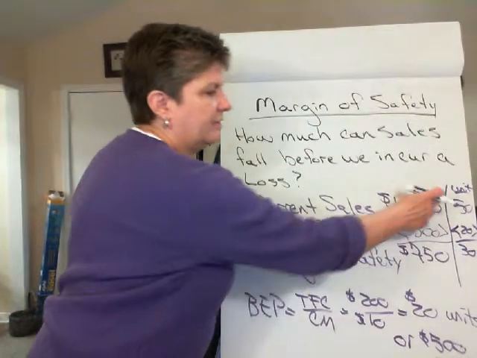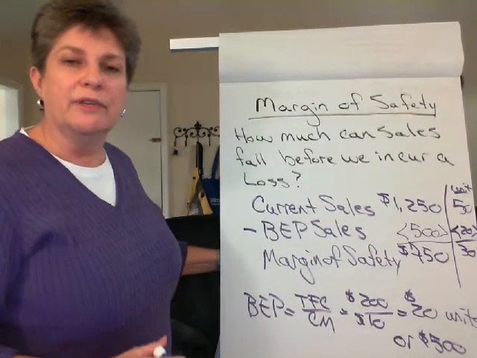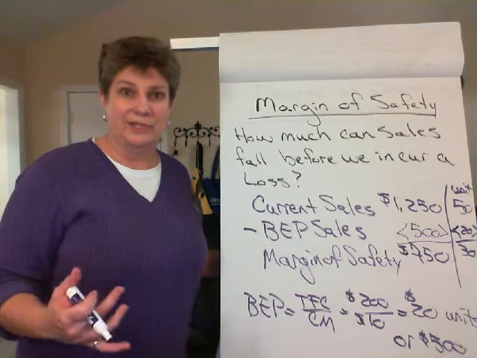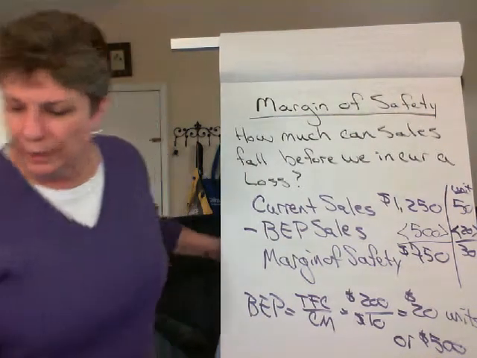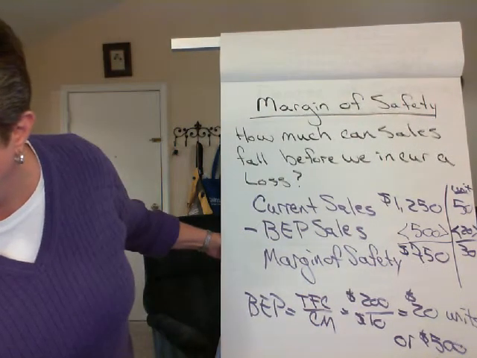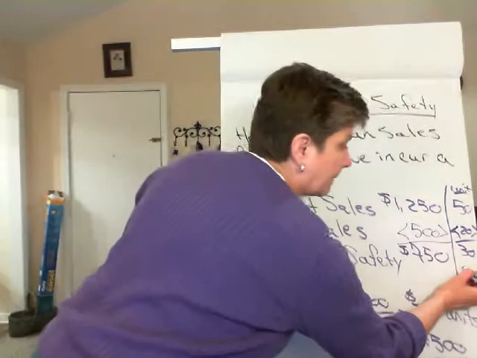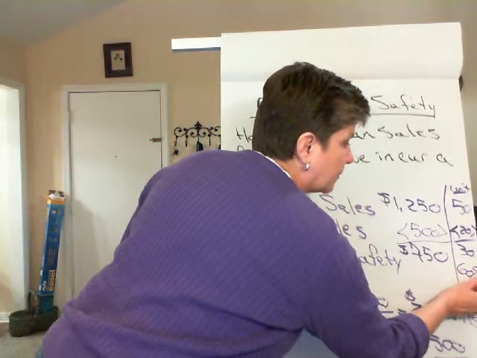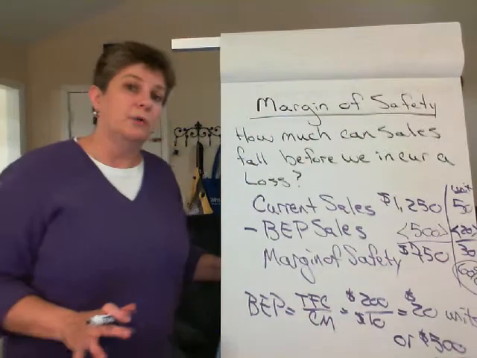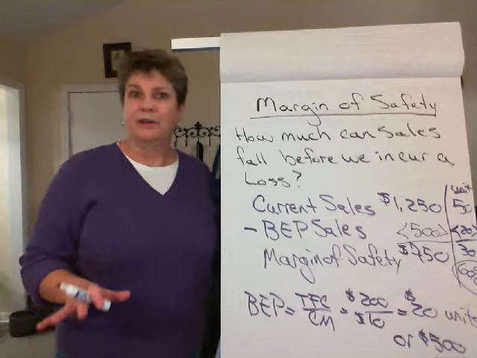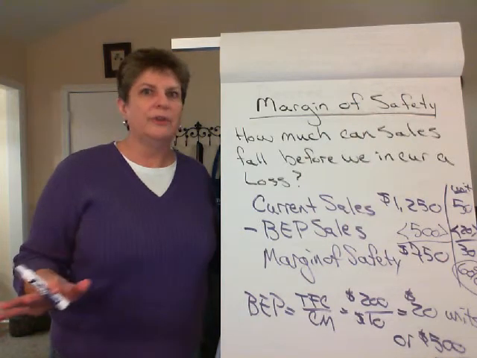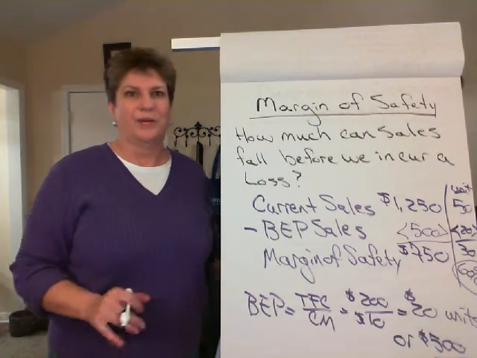The 30 divided by the 50 would give us the percentage decline in sales before we begin incurring a loss. And 30 divided by 50 is 60%. So the margin of safety right now is 60% of current sales, either in units or in total sales dollars.